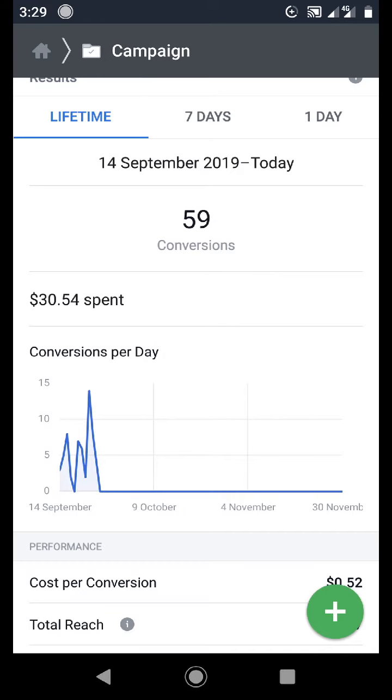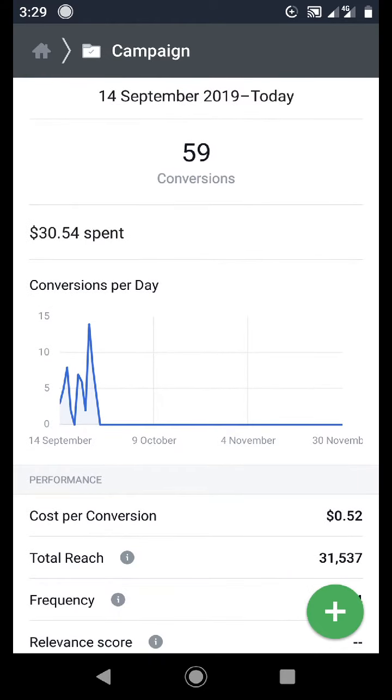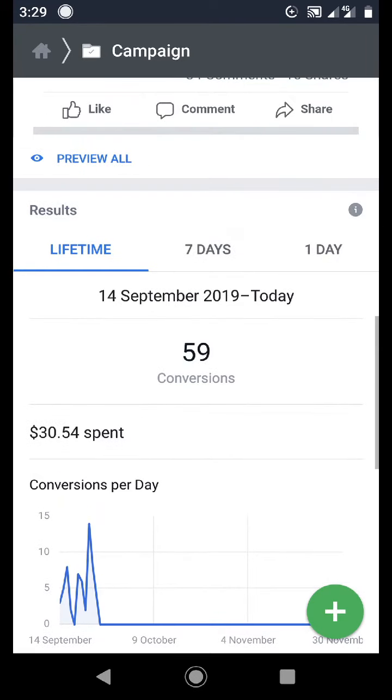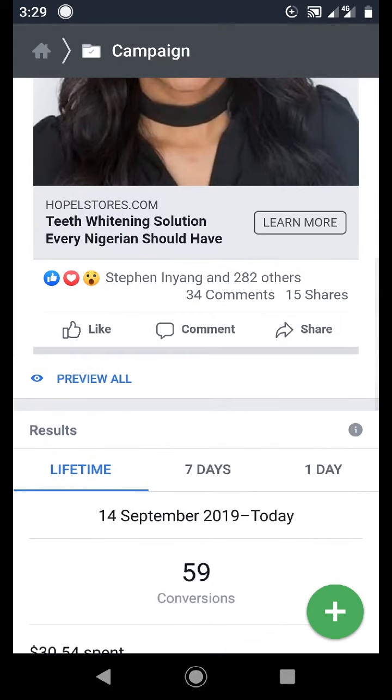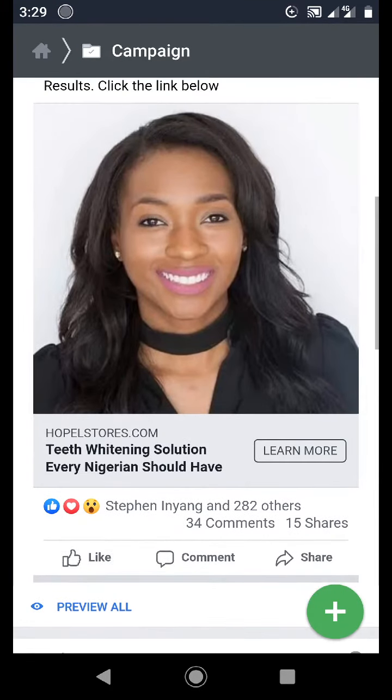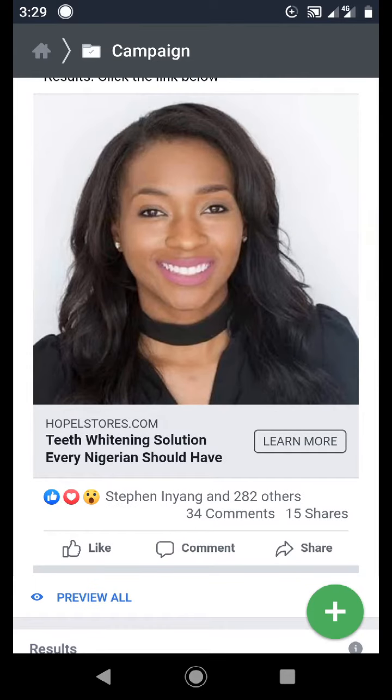This is just one of the ad sets that was run. I think the campaign ran a couple of times, so this is just one of them. It's for a teeth whitening product. Now you can see the image I used.